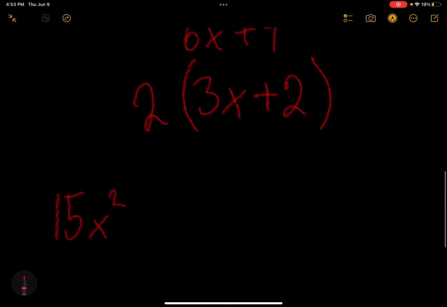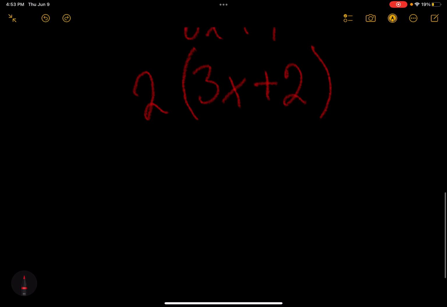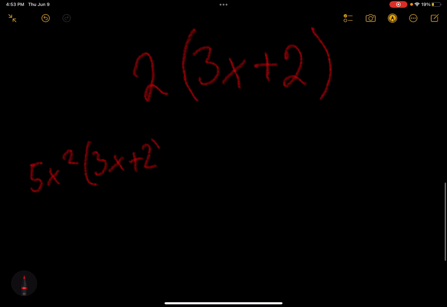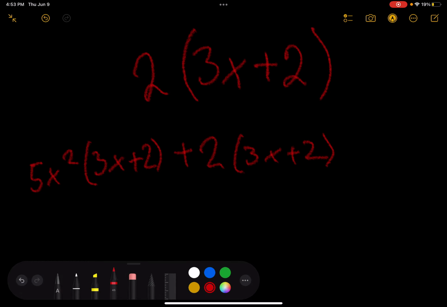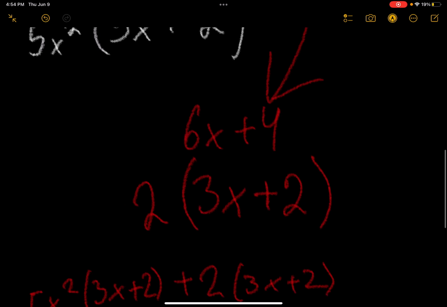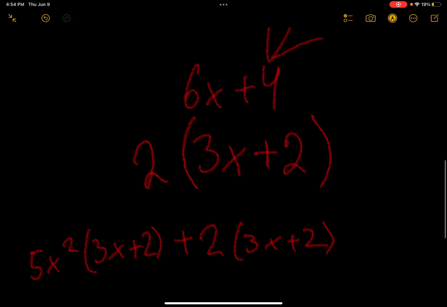Sorry, not 15x squared. 5x squared times (3x plus 2) plus 2 times (3x plus 2). Now here's where some people might have a little trouble, and it's probably easy. If you want to make sure that these equal that, you can use the distributive property.